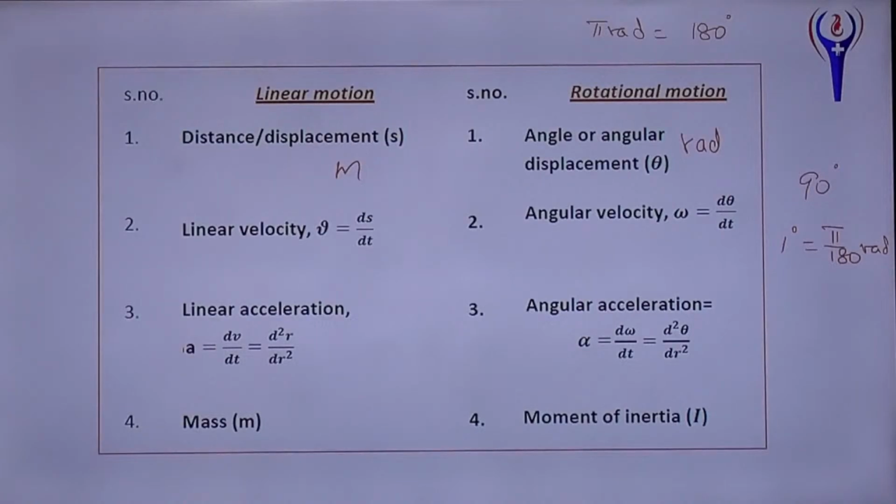Then 90 degree equals pi by 180 into 90. What you are getting? Pi by 2. So 90 degree converted to radian is pi by 2.